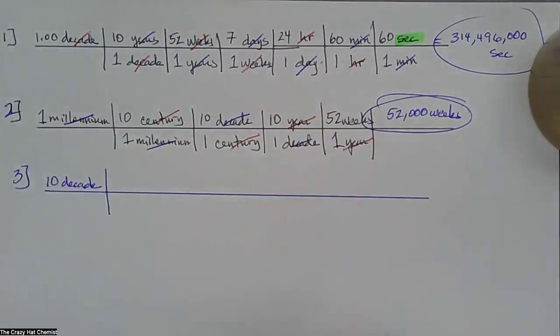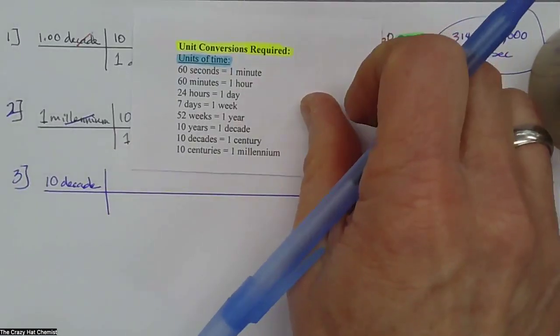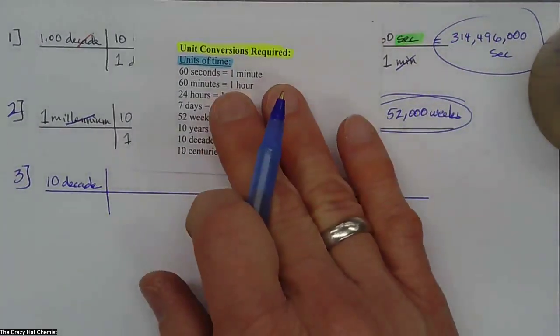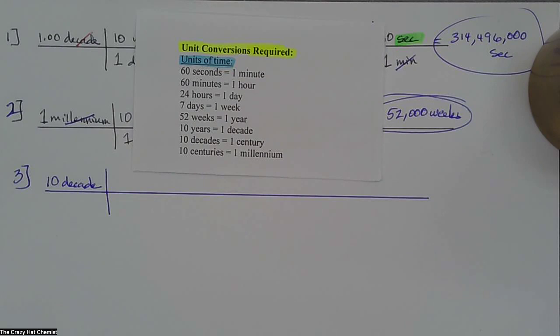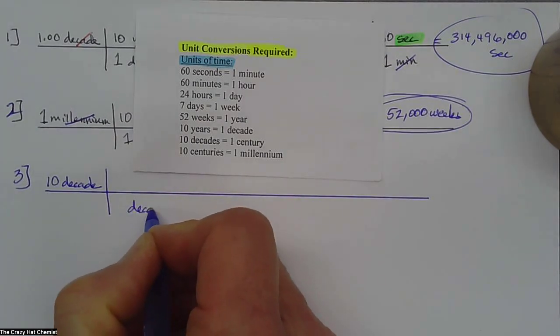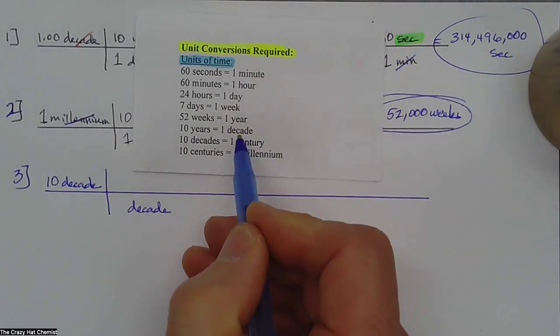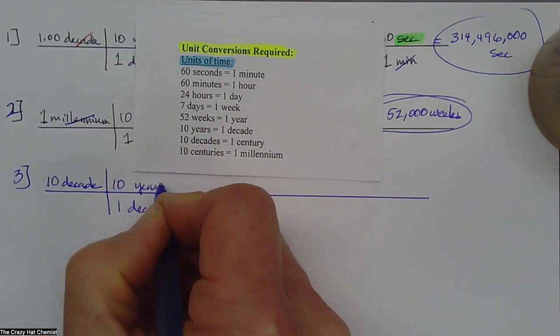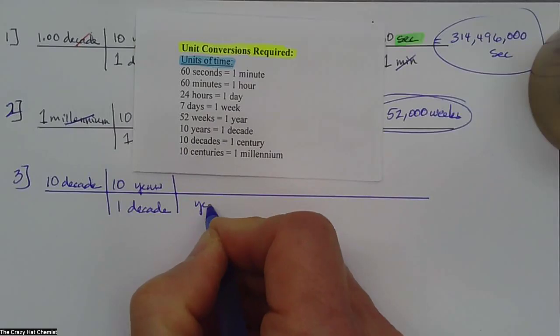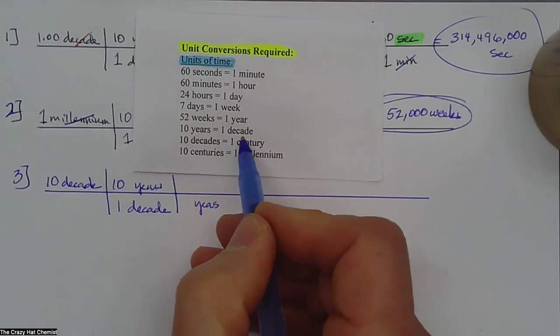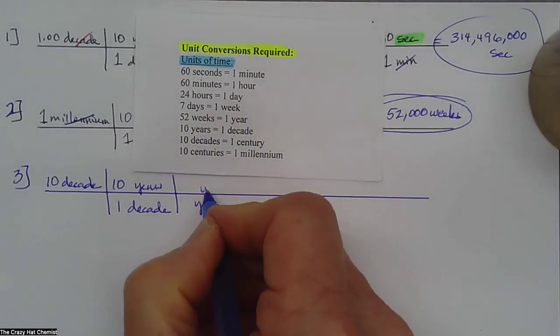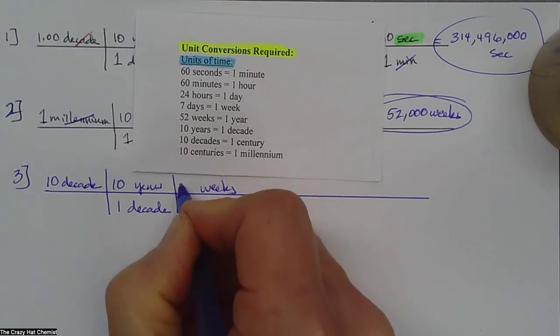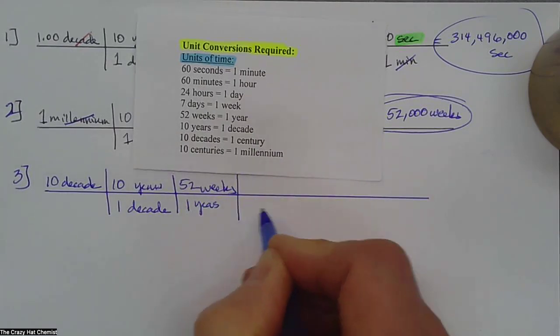I'm going to keep these unit conversions right up above so you can see those nice and clearly. And I want to end up with seconds after decades. So I need to have a decade here. 1 decade is equal to 10 years. Then years, and I have weeks. 1 year, 52 weeks.